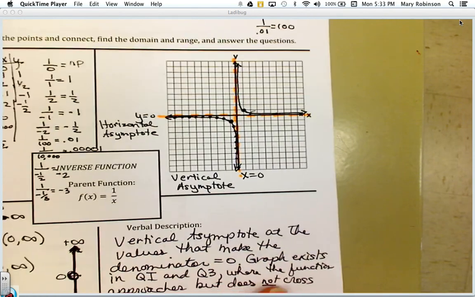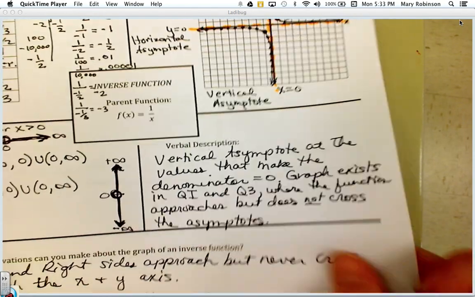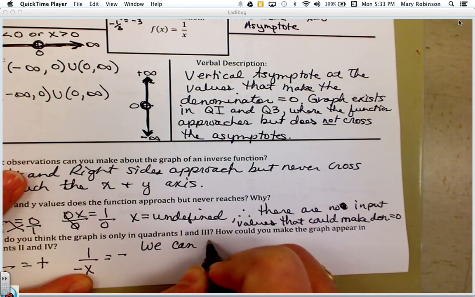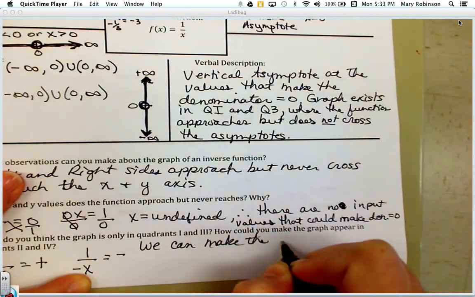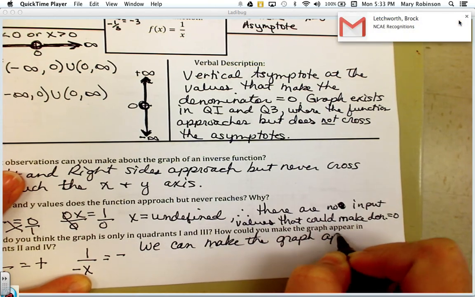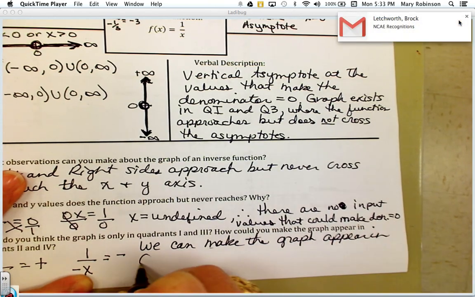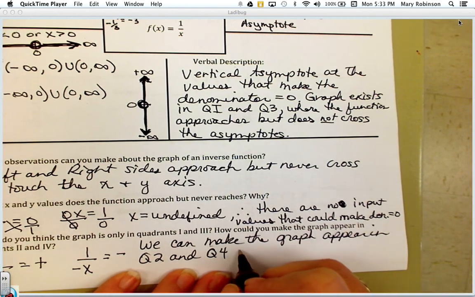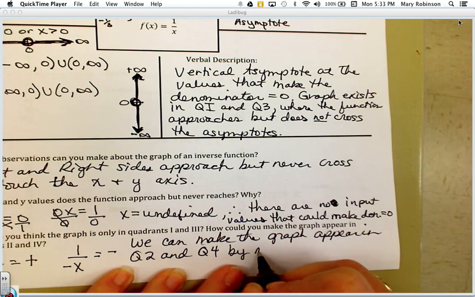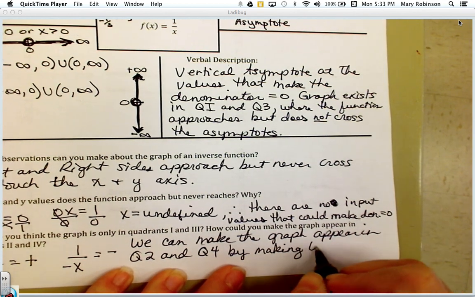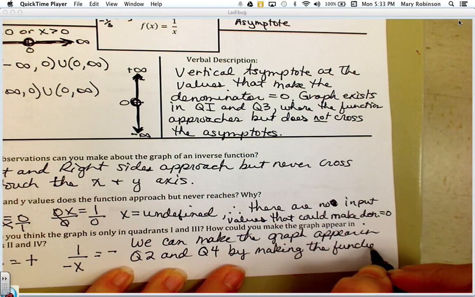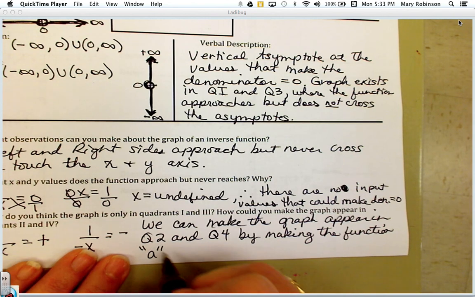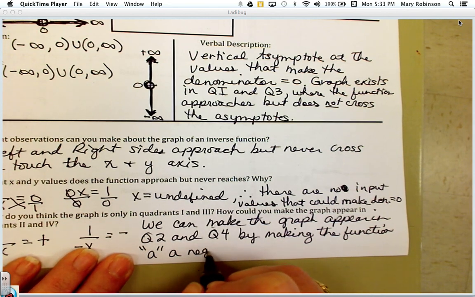Okay, so to do that, we would need to make a negative, making the function, and we'll define it a in a minute, a negative number.